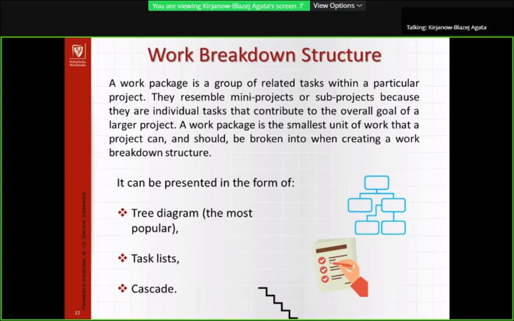A work package is the smallest unit of work that a project can and should be broken into when creating a work breakdown structure. The work breakdown structure can be presented in the form of a tree diagram, and this is the most popular method, task list and cascade.